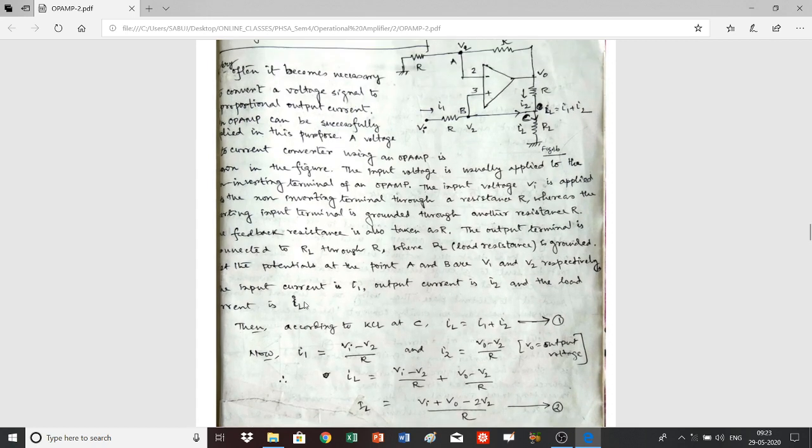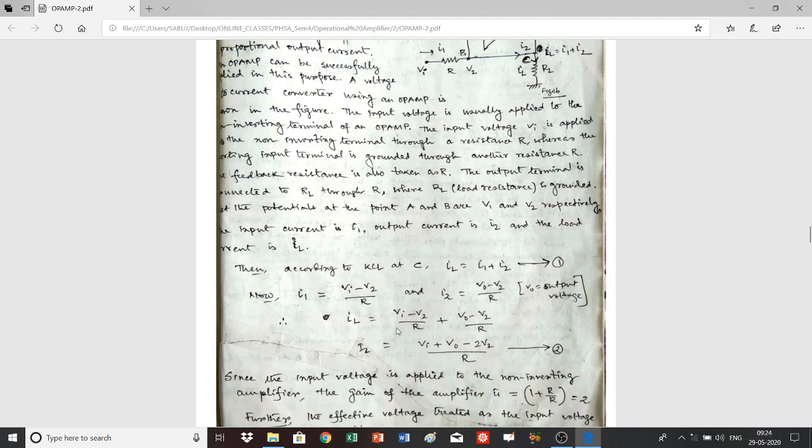I1 is equal to the current passing through this resistance, which is equal to Vi minus V2 by R. Also I2 is equal to the current passing through this resistance, which is V0 minus the potential at this point, which is V2, so V0 minus V2 by R. So IL is equal to I1 plus I2, that is Vi minus V2 by R plus V0 minus V2 by R. So IL is equal to Vi plus V0 minus 2V2 by R.